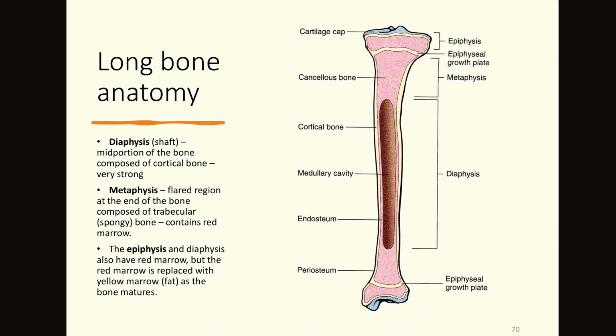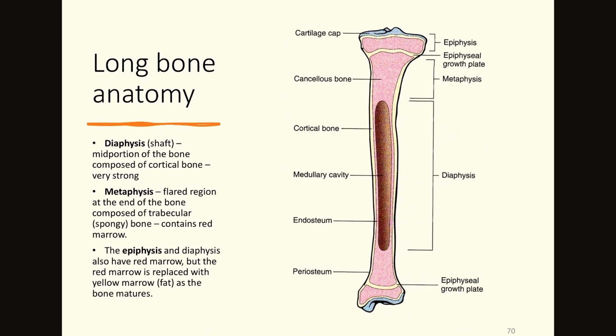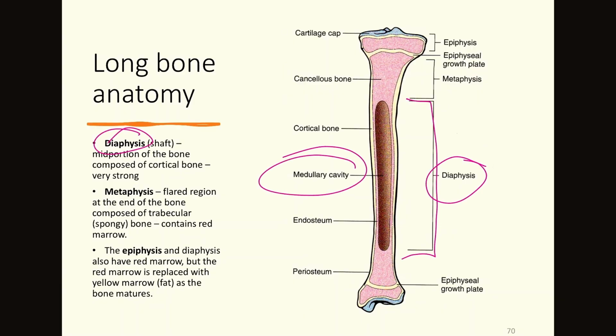With regards to long bone anatomy, so your femur, humerus, all those long bones, the diaphysis is the shaft itself. This contains the medullary cavity, which is all the stem cells. That's where they all grow from. So the diaphysis is the actual shaft part. The metaphysis is the flared bone region at the end of the bone, and this has spongy bone in it.